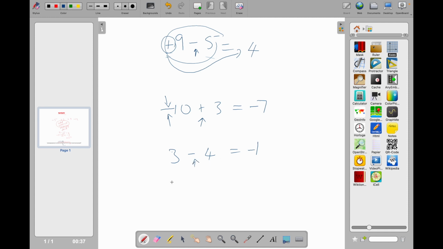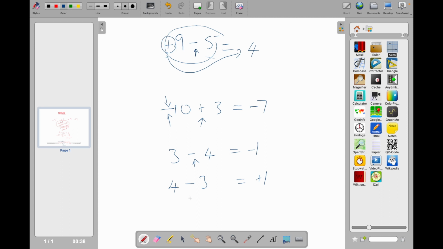If we invert this, say 4 minus 3, we subtract and we get 1, and the sign of the bigger number is positive. So this is a general rule that makes it easy for you when you are learning addition and subtraction with these numbers. So always take the sign of the bigger number if the signs are different.